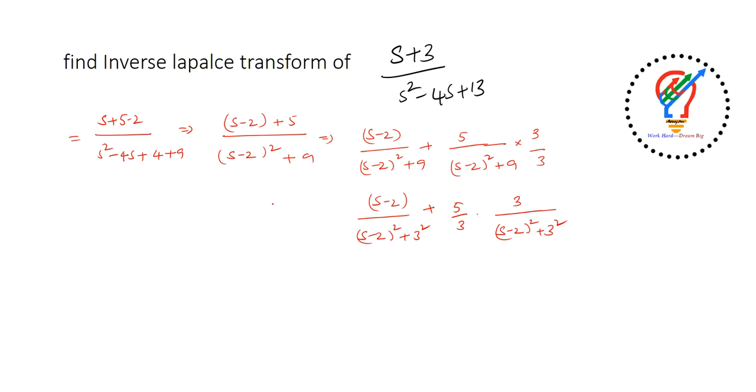Simplification. Now the Laplace transformation L inversion of this entire value, I will split into two parts so that you will get an L inversion of like this and L inversion like this here. What is this L inversion of s minus 2 by s minus 2 plus 3 square? You know that formula. What is that formula? So L inversion of, okay, e power at into cos omega t.